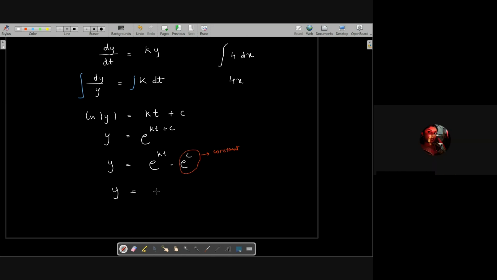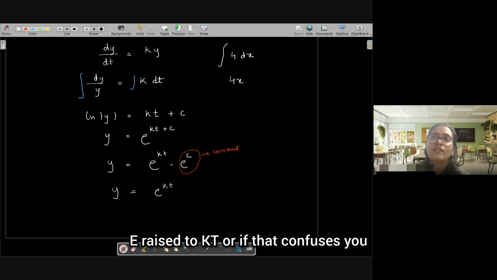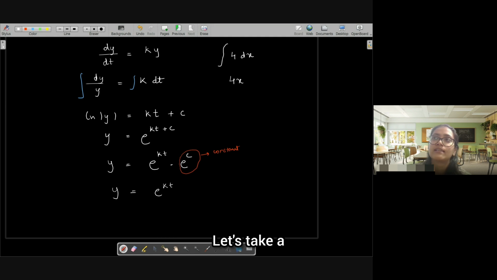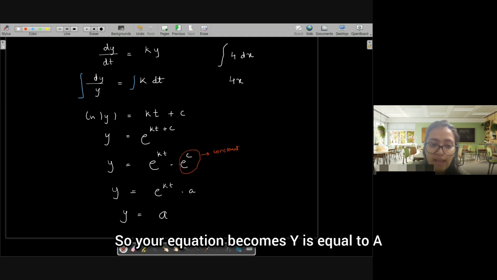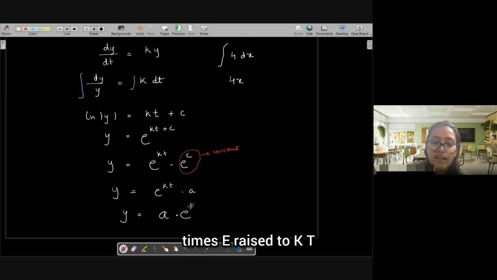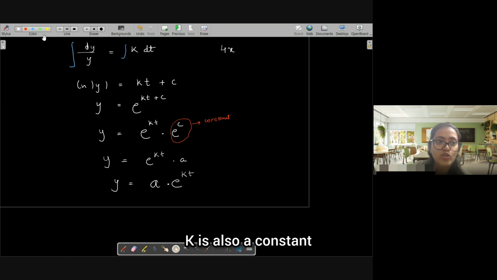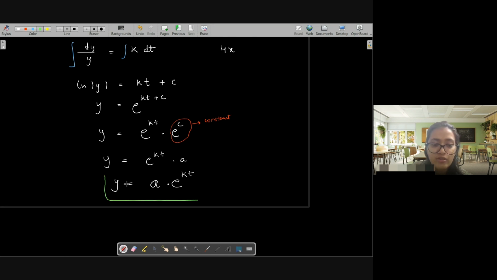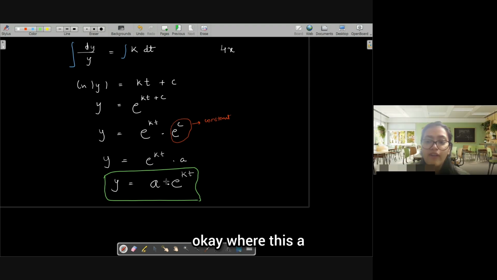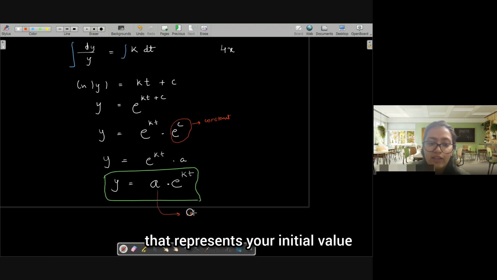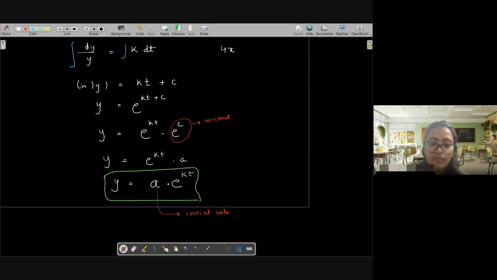Or if that confuses you, you can use another constant, let's take a. So your equation becomes y is equal to a times e raised to kt, where a is a constant, k is also a constant. So this is your solution, where this a that you see represents your initial value of y.